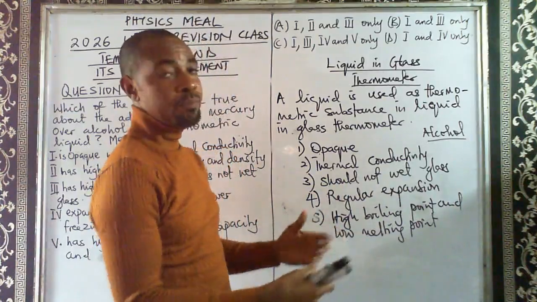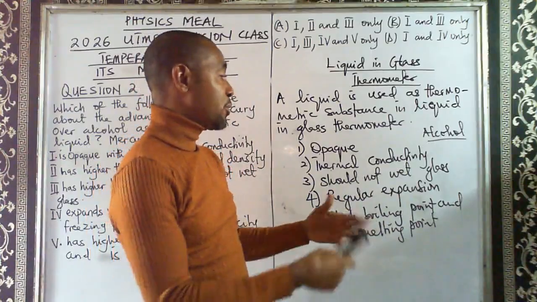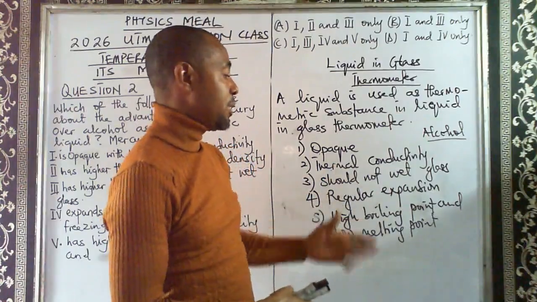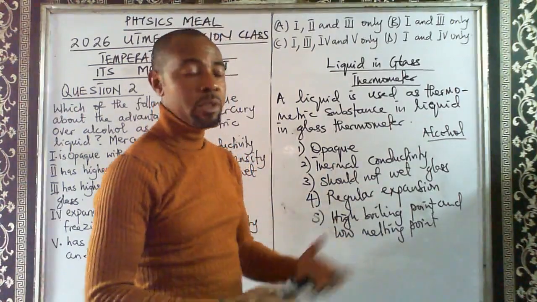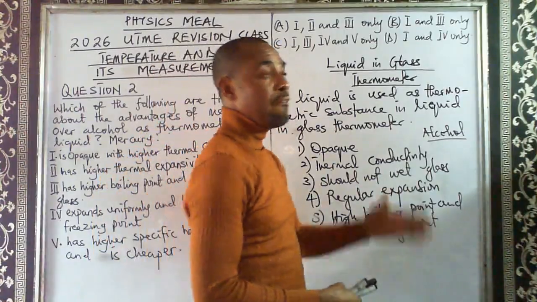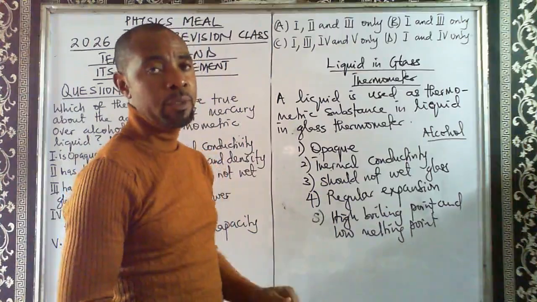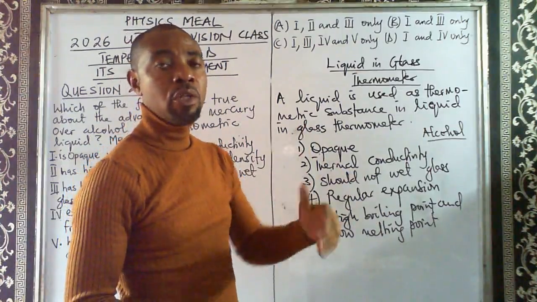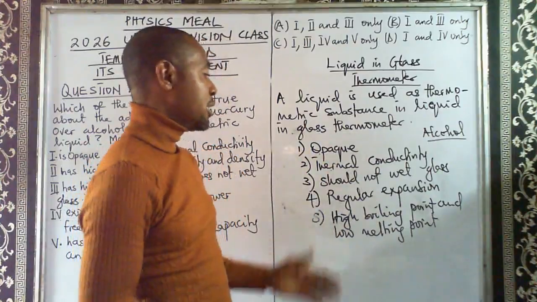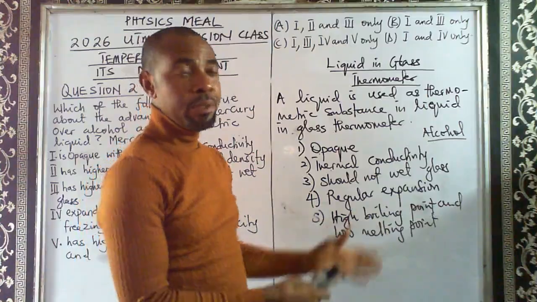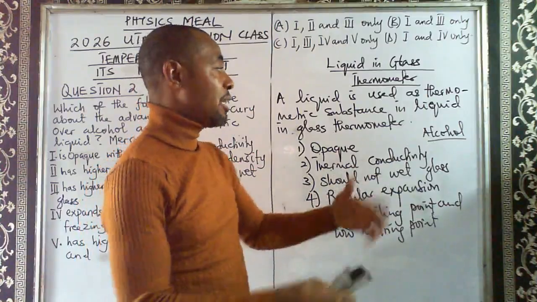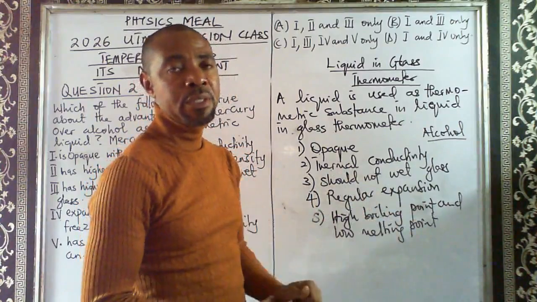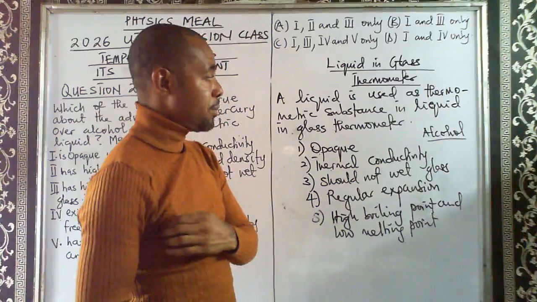So in all this, alcohol beats mercury in terms of high expansion, and also in terms of having a very low freezing or melting point. So the freezing point of alcohol is lower than that of mercury. So that's where it beats mercury. And also in terms of expansion, we have said that alcohol expands about 6 times the expansion we have in mercury.